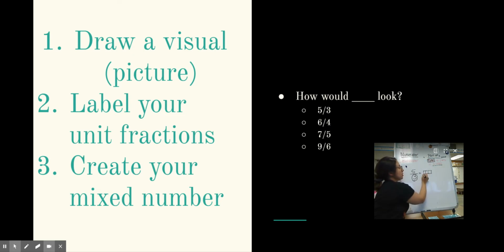I start with 0/3 and I end with 3/3, which is the same as 1 whole. If you shade those in, that's 3 parts out of 1 whole.